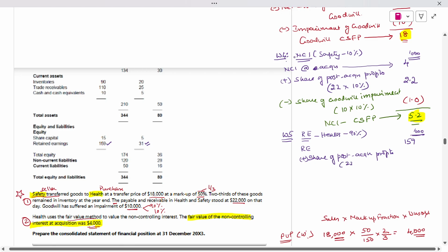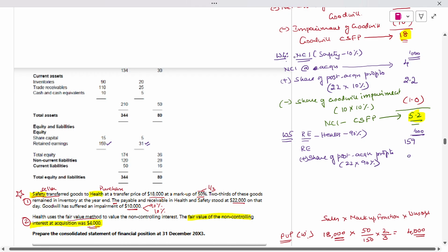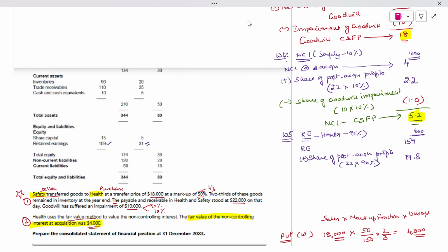How much is the post-acquisition profits? 22 multiplied by 90%. How much will it come? 19.8.